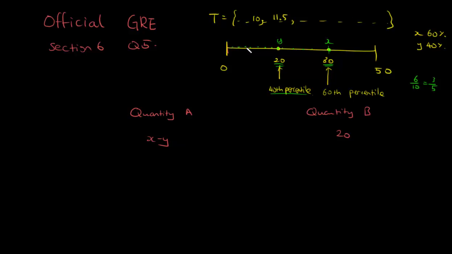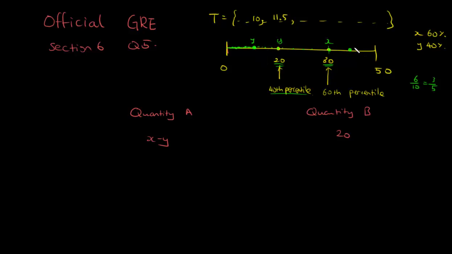These numbers do not have to be distributed in an even manner. So the lowest 40% of all the numbers could be concentrated around here, and then y could be there, and then the rest could be distributed in an uneven manner, and x could be somewhere over here.